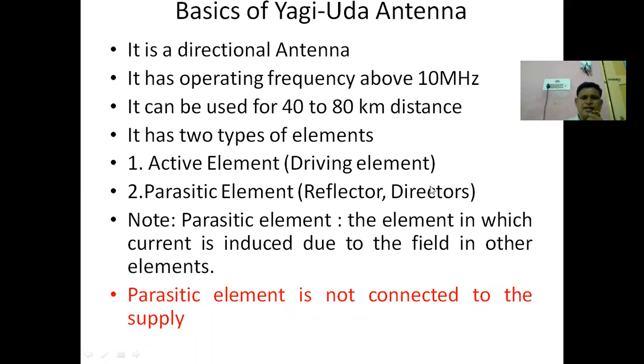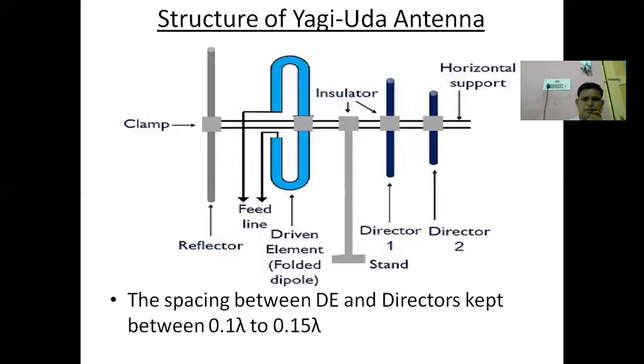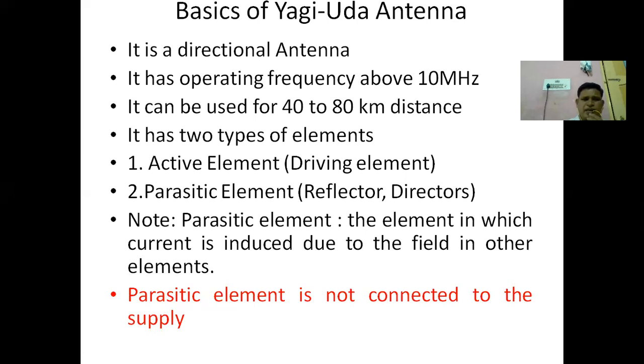Reflector and directors are the parasitic elements or passive elements. The parasitic element is not connected to the supply. We are not giving any input to it. Whatever the input is, it is given to the active element only. This is the basics of Yagi-Uda antenna.